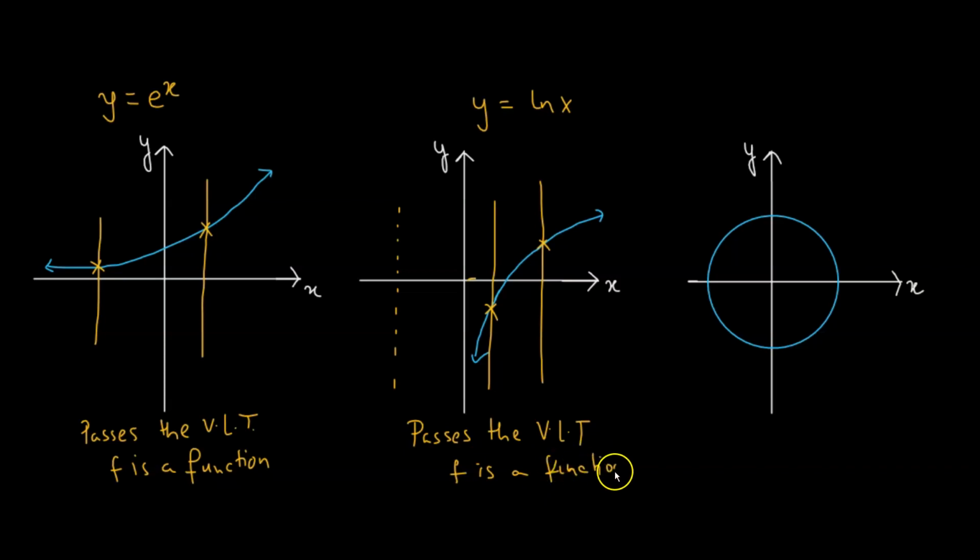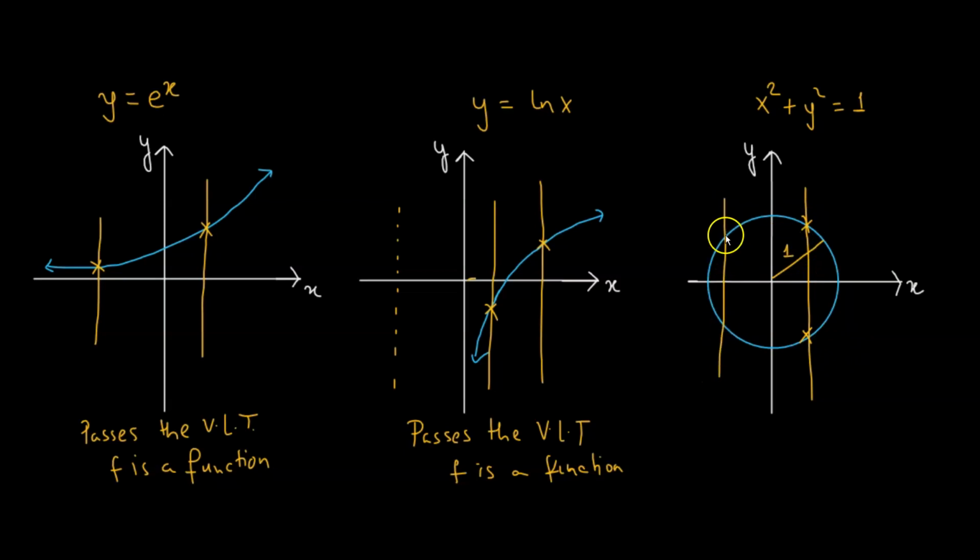How about the third one? This is the circle. This is given by x squared plus y squared equals, let's say, some radius 1. So let's say this is a unit circle of radius 1. Now does this graph represent a function? Definitely no, because when we draw vertical lines, we will see that they intersect the graph at 2 points.